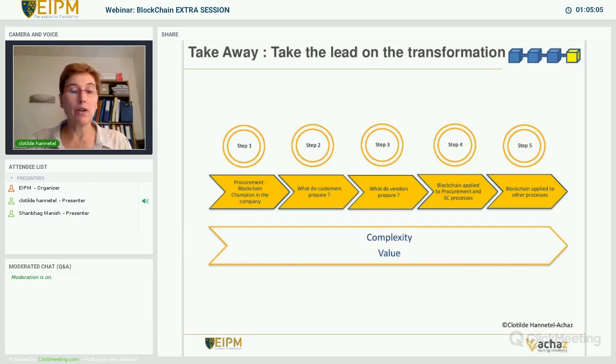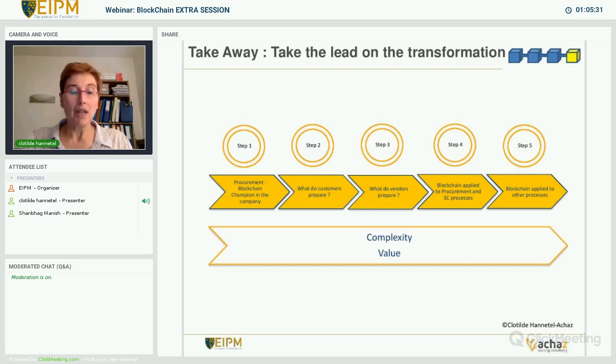Our main takeaway here is that we really think that procurement should take the lead on this transformation to come. And why is it so? It is so because, first of all, it is adding value to the business. And it is agilizing the processes. So it's really about bringing new ways of working to your business partners. So that's the first point.